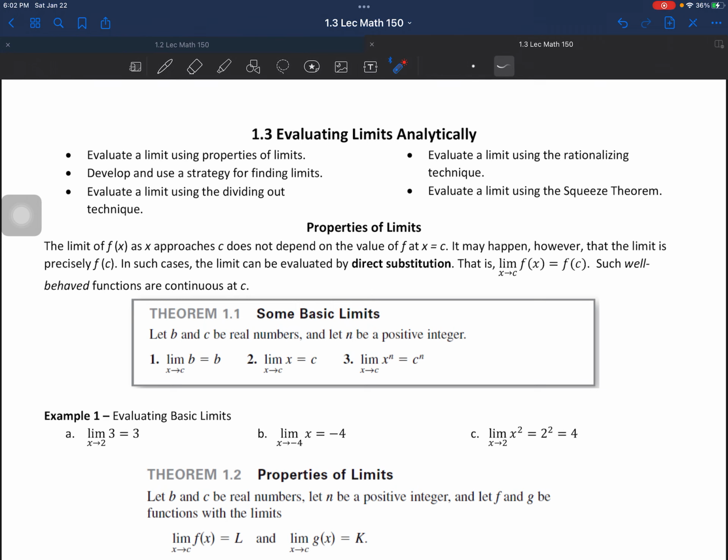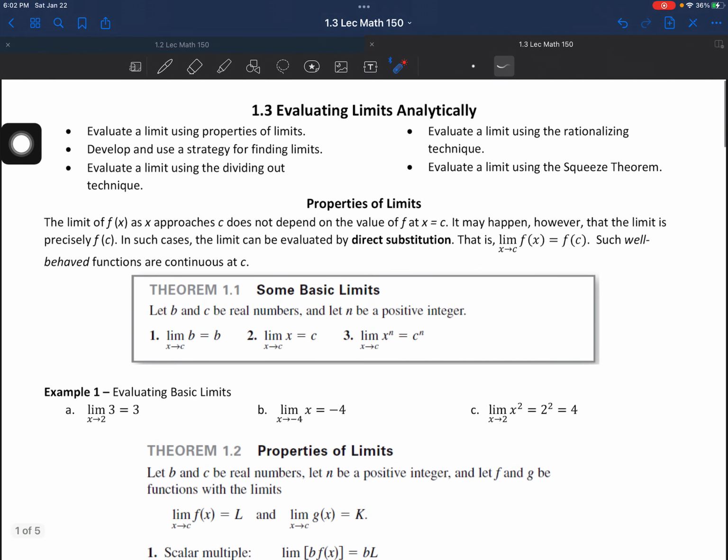In the last section, we defined that the limit of f of x as x approaches c does not depend on the value of f at x equals c, right? But it happens that if the limit is precisely f of c, then in those cases we can find the limit by using direct substitution.